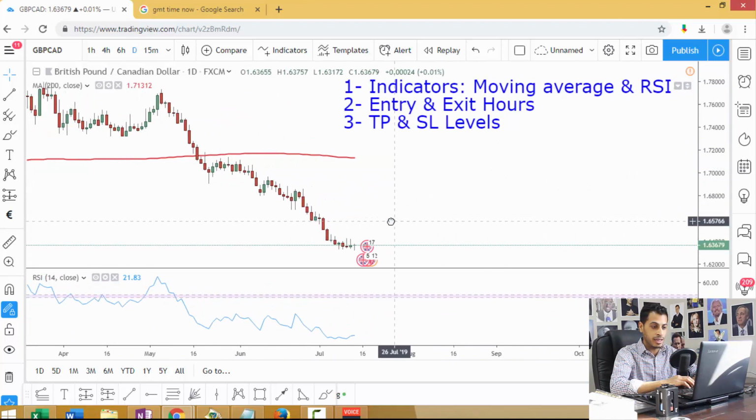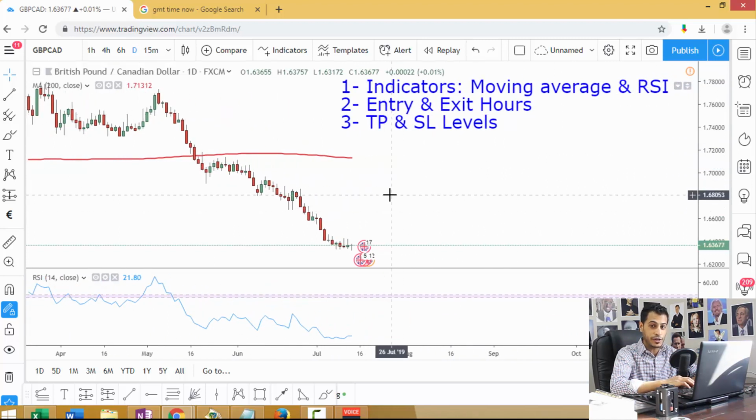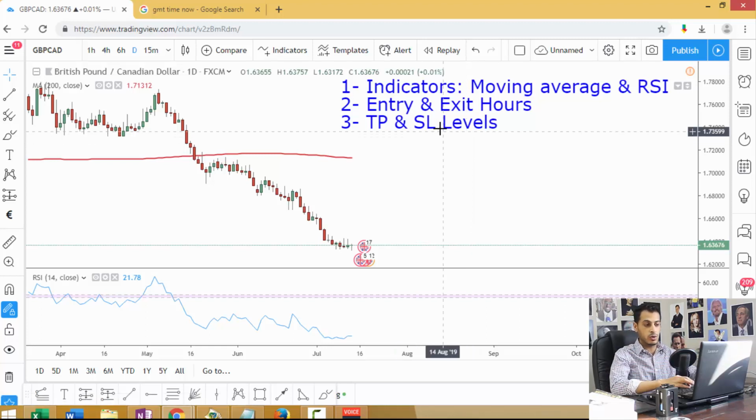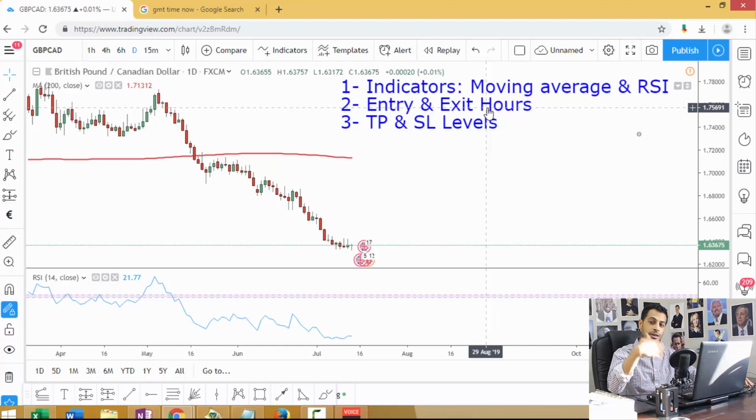And again, the take profit of our trade will be 10 pips and the stop loss level will be 220 pips, and we are going to exit the market if we didn't hit these two levels by 1 p.m. the next day. And really this is it.